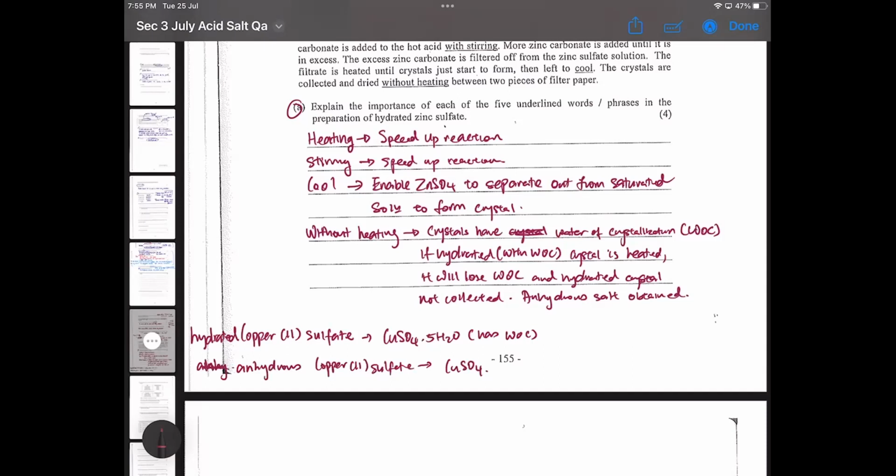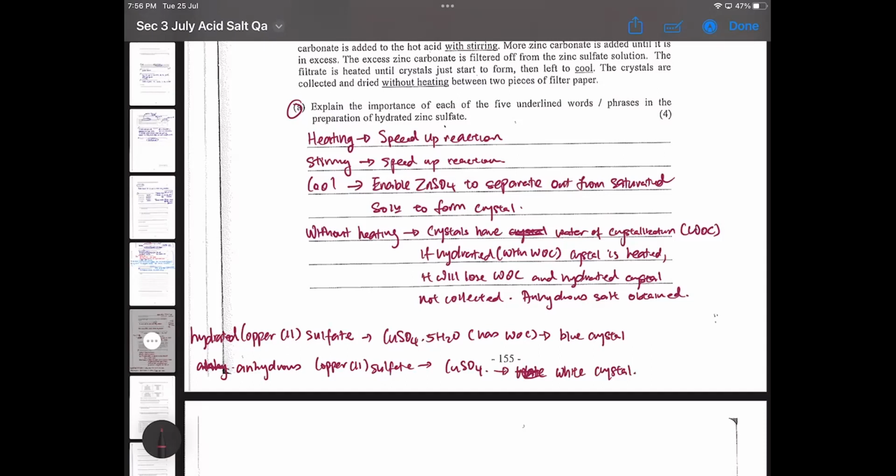Okay, and then this thing here, because it has water of crystallization, is a blue crystal. And when you are anhydrous, that means without water of crystallization, it looks like white crystals.